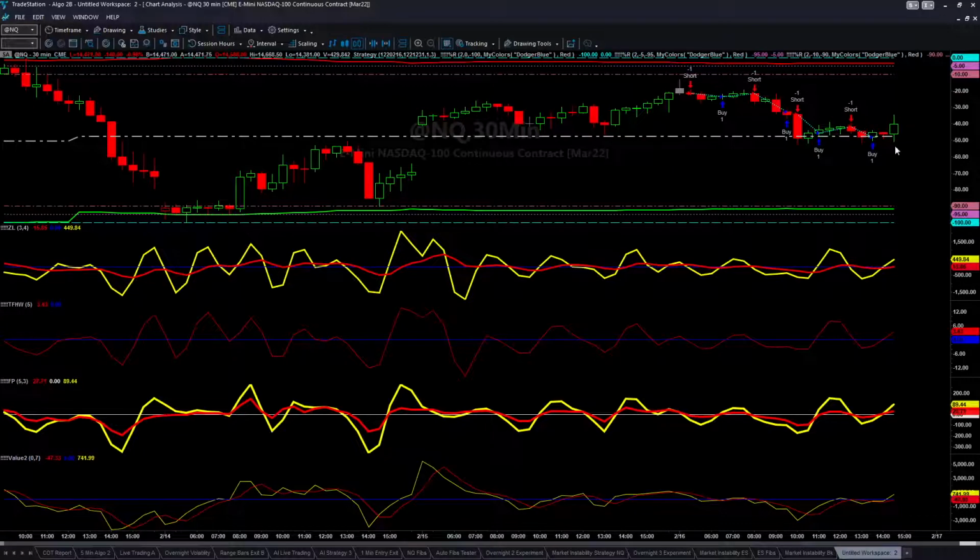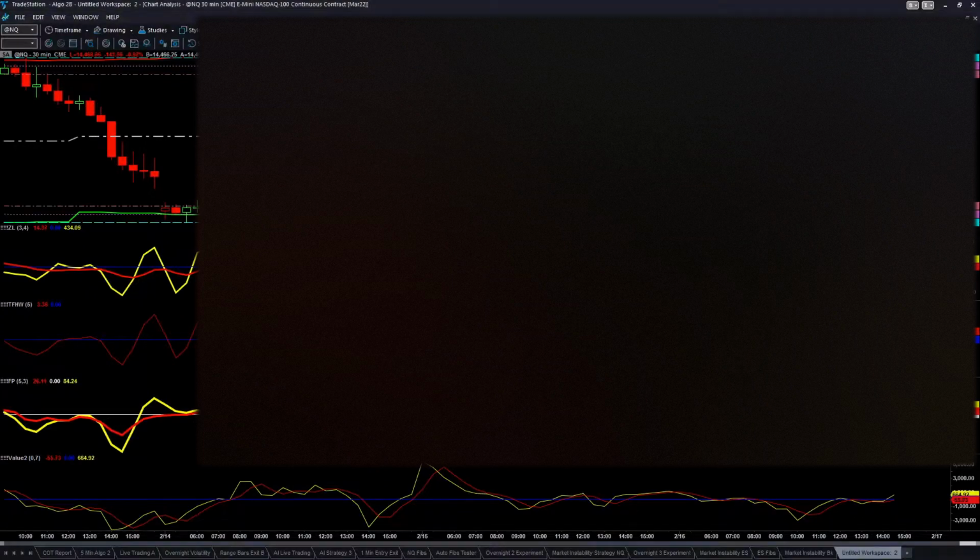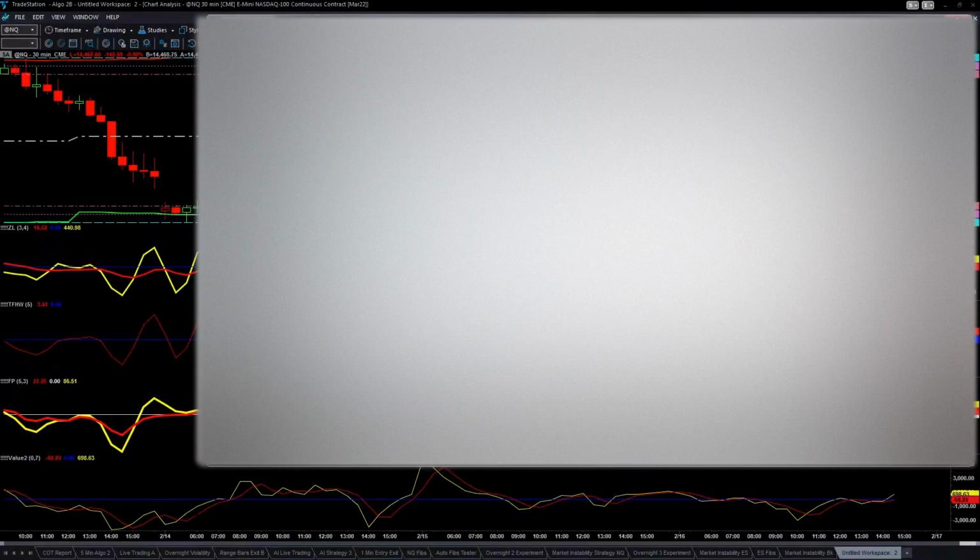Well, looks like the upside is materializing really well on a 30-minute right here. So I'm just going to take this out because I've got way too many workspaces going on right there. Ah, shoot.